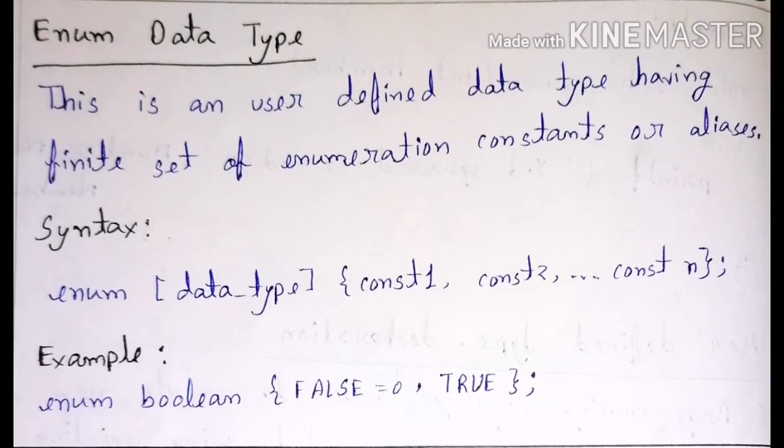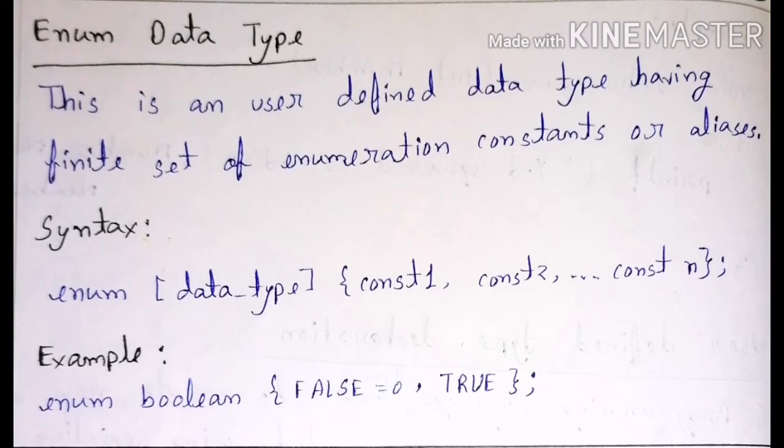What is enum data type? It is a user defined data type having a finite set of enumeration constants or aliases. Syntax of enum data type is enum, then we have to declare data type, then we can declare constant 1, 2 or n number of constants.